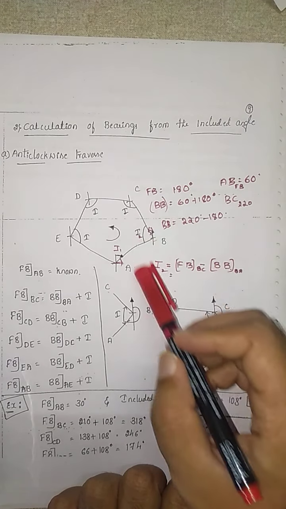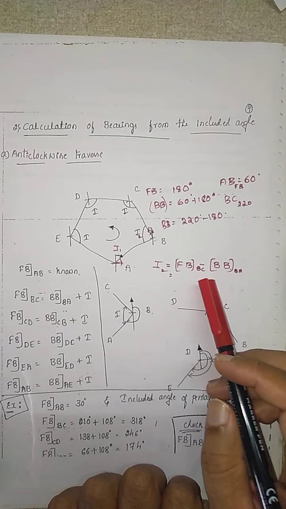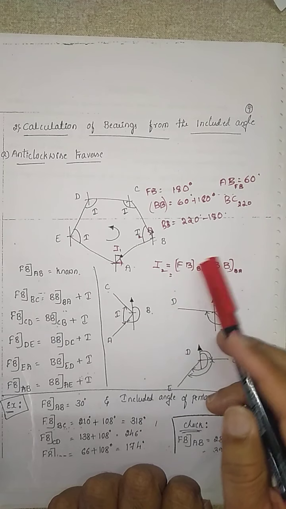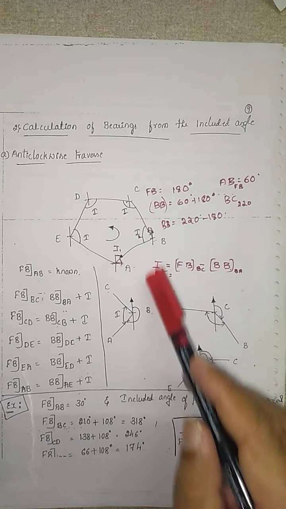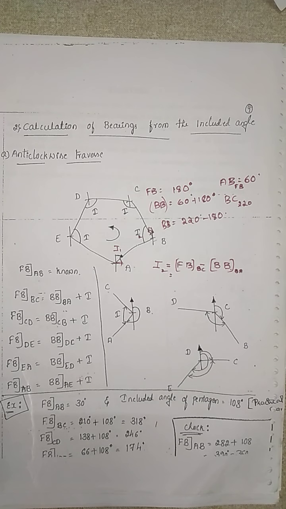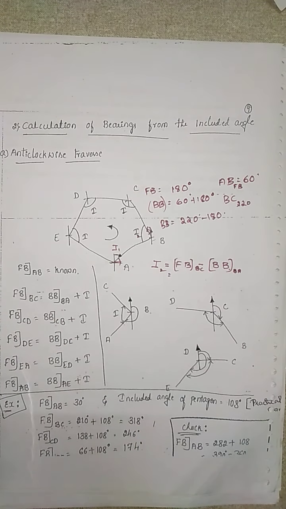In that case, you need to utilize this formula: forebearing of the next line minus the back bearing of the previous line. You need to utilize this formula when the included angle is asked. You are going to get it from this formula only.